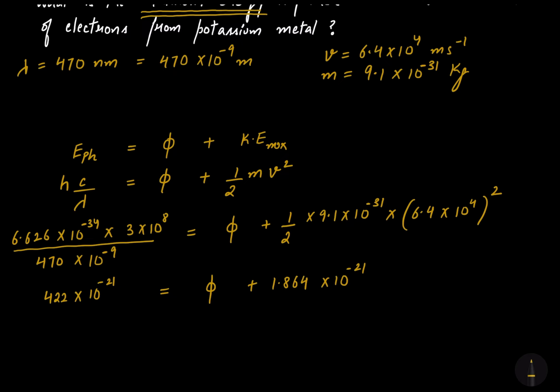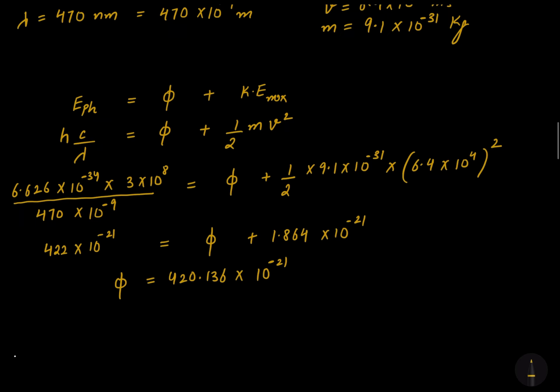So my phi, the work function of one electron, comes out to be 420.136 into 10 raised to the power minus 21. So this is the work function of one electron.